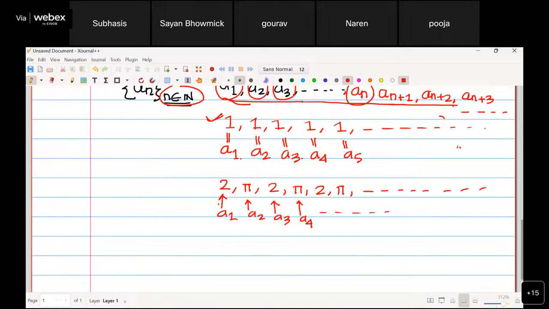It's repeating, 2 and pi appearing all the time. Periodic function, no, sir? Yes, in some sense you can say it's a periodic function, but you have to sort of define it.